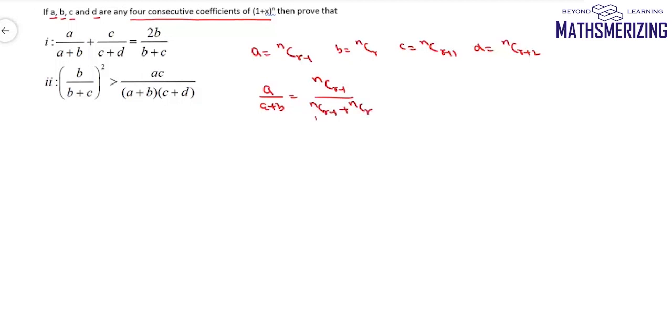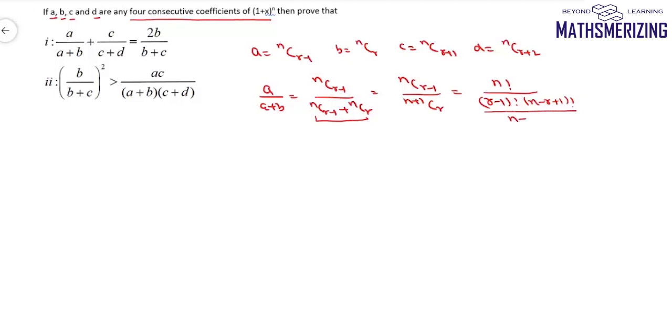Now here I can see the property that when n is the same and r differs by 1, I can write it as nC(r−1) and then (n+1)Cr. Now I'll try and expand it. So I'll write n!, (r−1)! and (n−r+1)!.